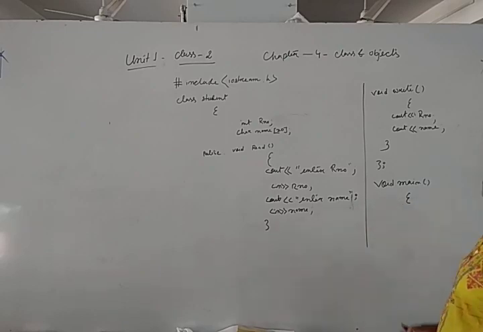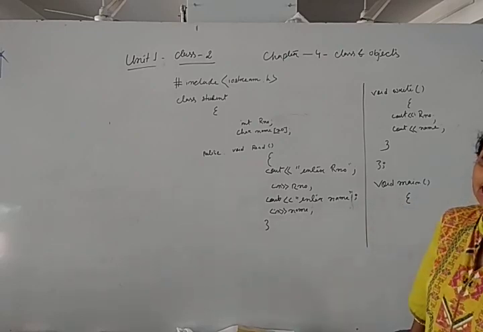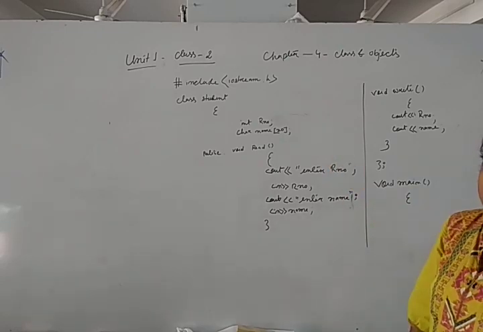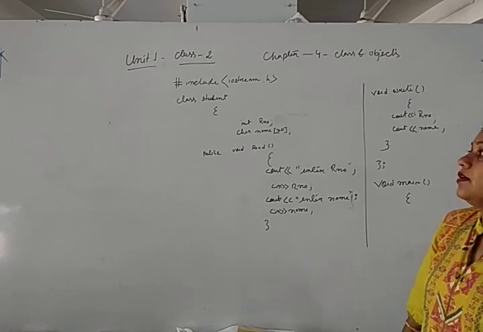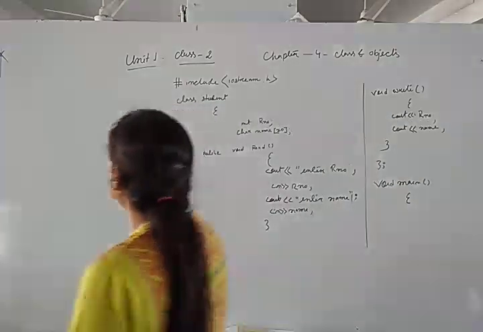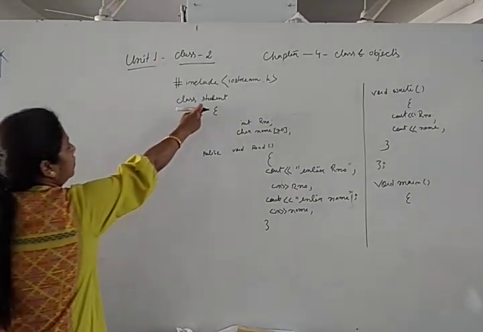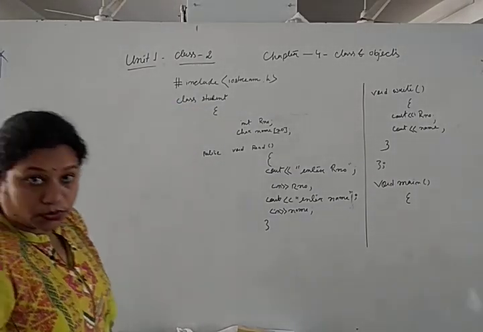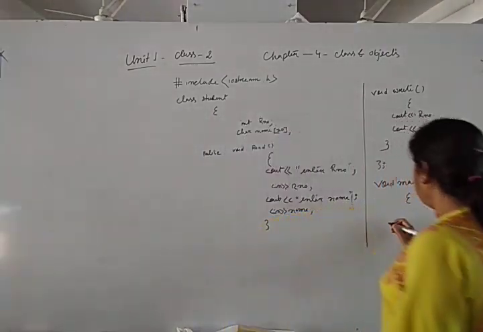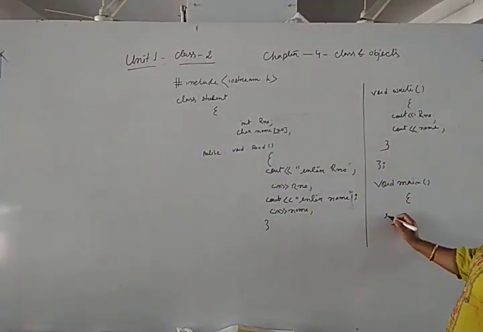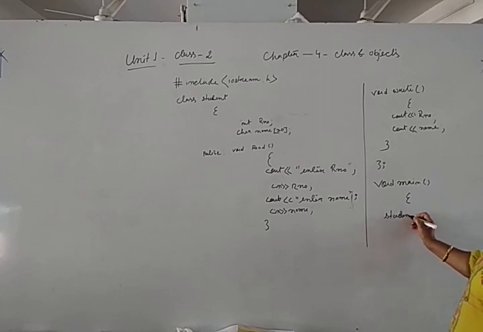Here inside the main function I am going to declare the object of the class student. For declaring the object of the class, what to do? You have to use the class name. Here look, what is the name of the class? That is student. So here I use the name student.